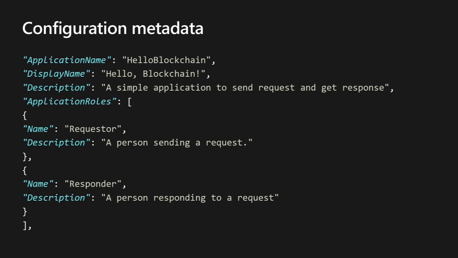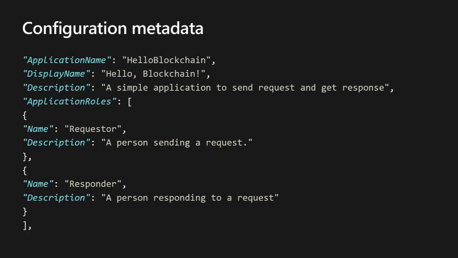The application roles are important because they describe who can do what on the smart contracts that you are deploying. In this case, we're just talking about a very simple API that has a requester and a responder. So there's 2 roles, and that means that once you assign members to the application, you can assign them one of these roles.